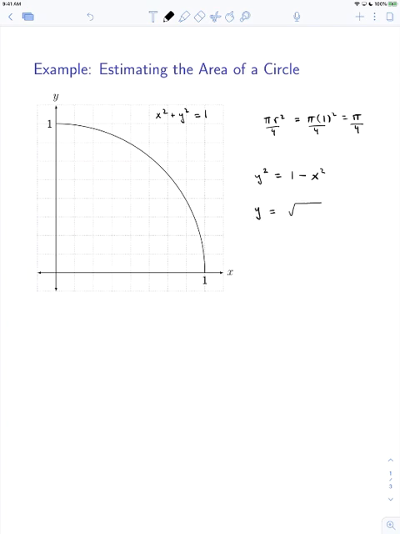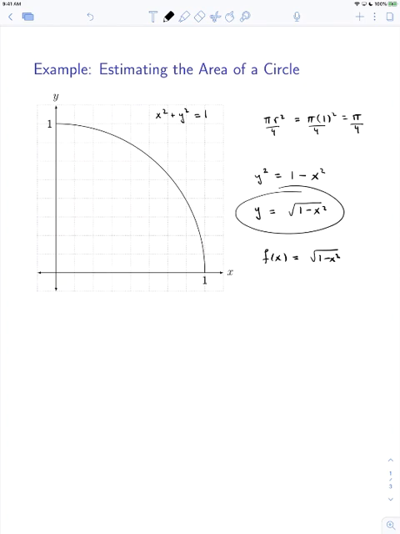Y is the square root of 1 minus x squared. This is an equation, but it's an equation that defines a function. F of x equals the square root of 1 minus x squared.